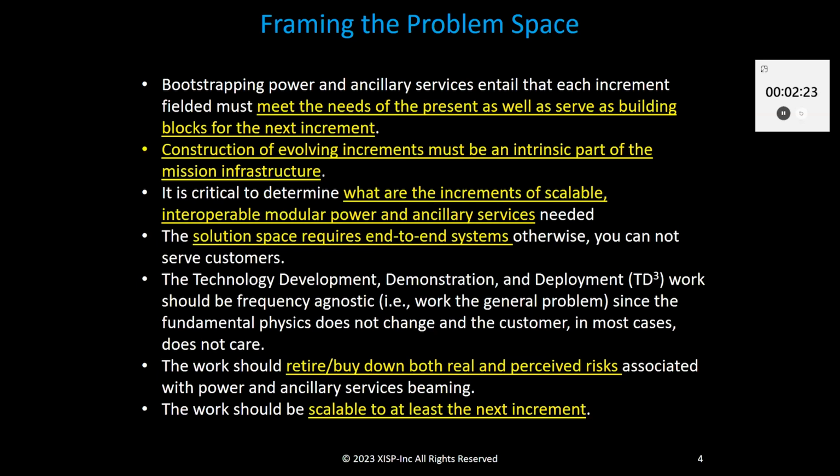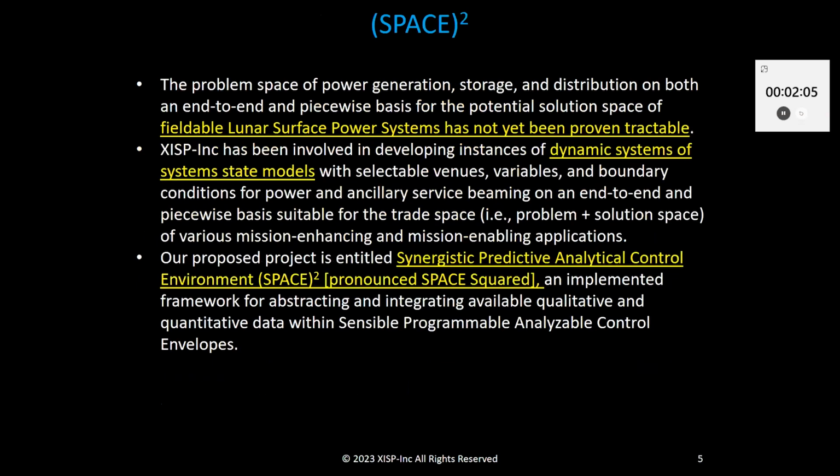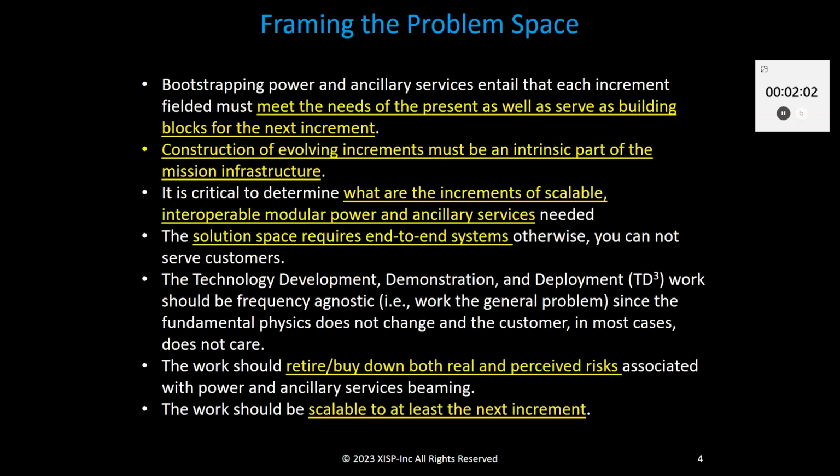And it's critical to determine what these increments of scalable, interoperable modular power and ancillary services are. Again, the solution space requires end-to-end systems, and we need to look at how we are retiring and buying down both real and perceived risks associated with the same. Anything that's fielded should be scalable to at least the next increment. Next slide, please.